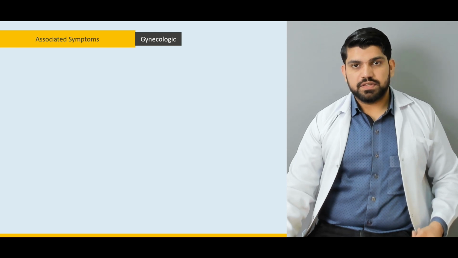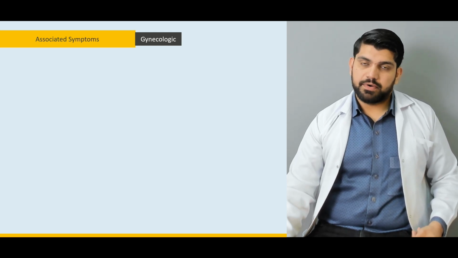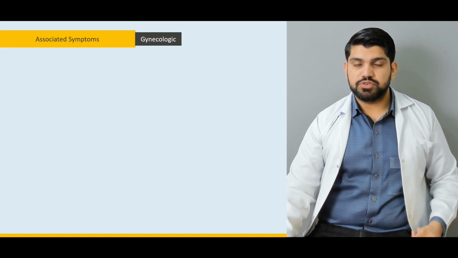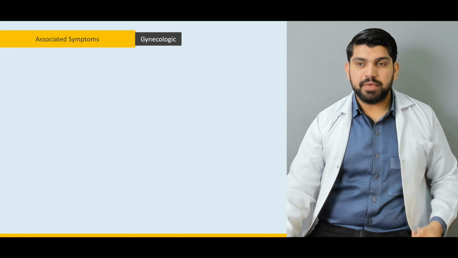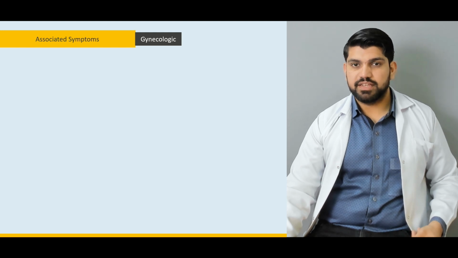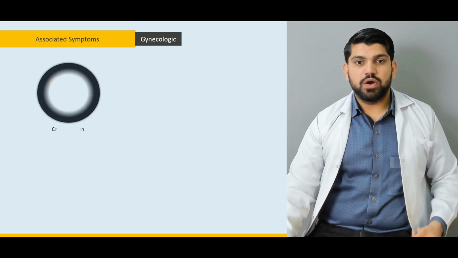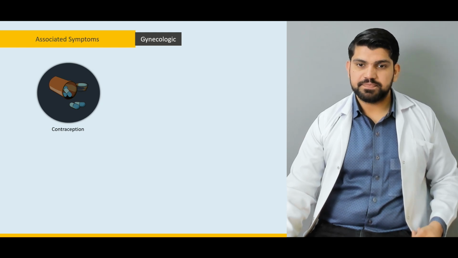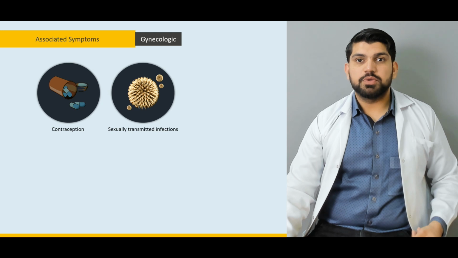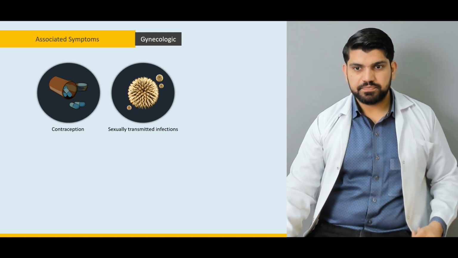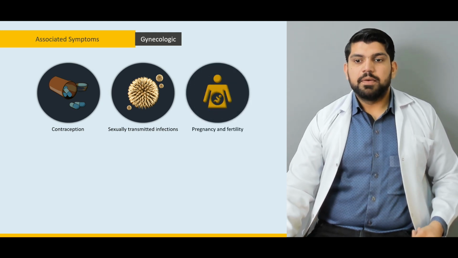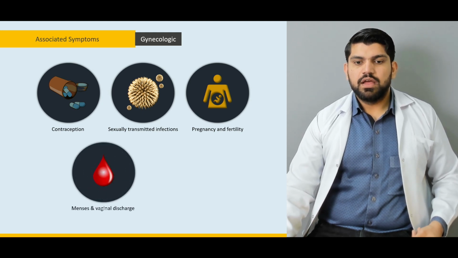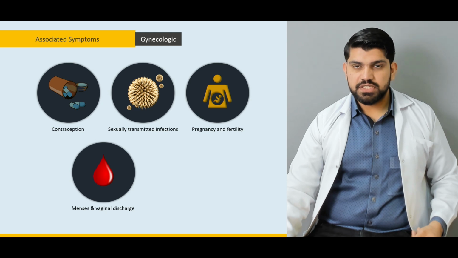Gynecological causes are very, very important because at 12 weeks of gestation, there is enlargement of the uterus that makes abdominal examination difficult. So abdominal pain can present with contraception issues, sexually transmitted infections, pregnancy and fertility, menses and vaginal discharge.